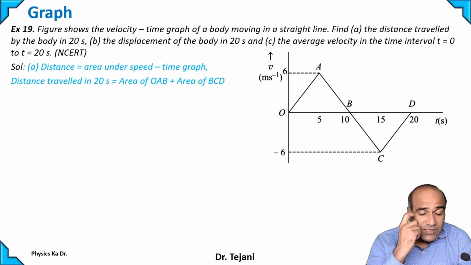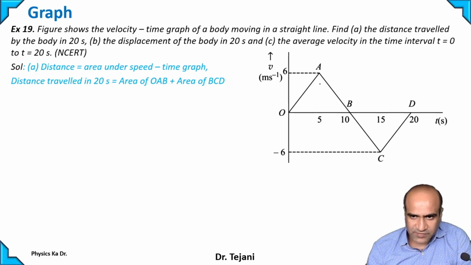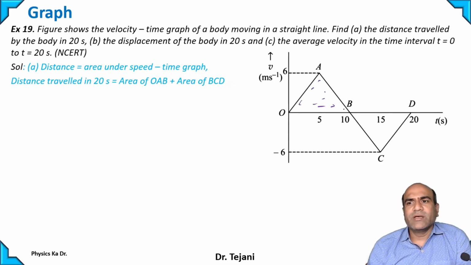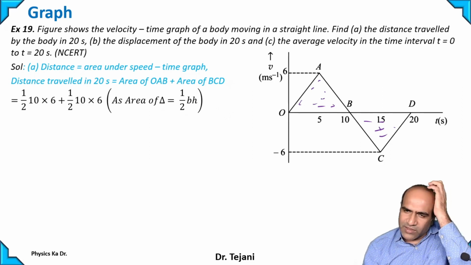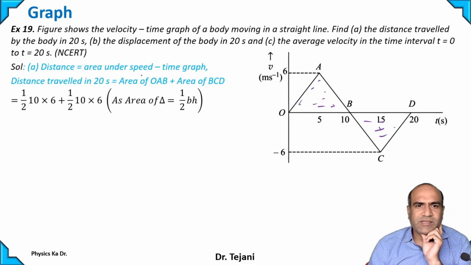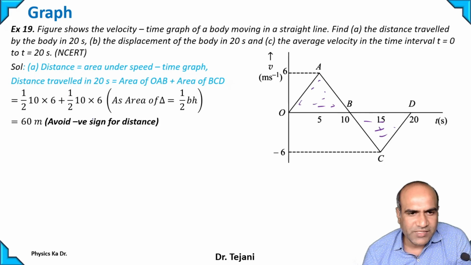In the case of distance, we do not consider negative direction. So here the area of AOB plus the area of BCD. It is a triangle, 1 by 2 base times height. The base is 10, height is 6. Again 1 by 2, height is 6, similar area. So in total it becomes 60 meters.